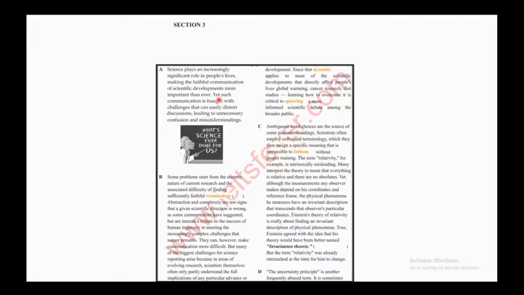This is the third paragraph. Now you have to read this one and then answer the questions given at the end of this paragraph.